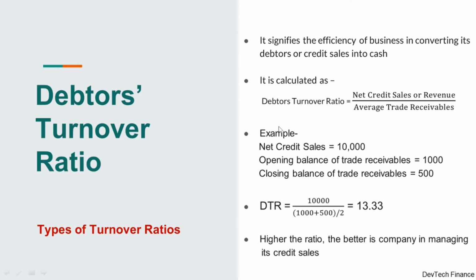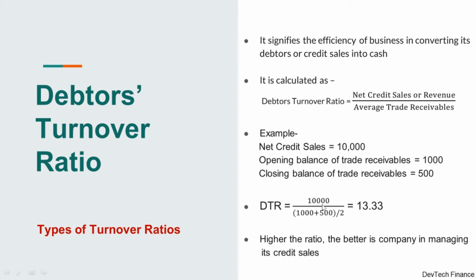Let's have a look at the example. If the net credit sales is given as 10,000, opening balance of trade receivables is 1,000 and closing balance is 500, just put the values in the formula of DTR and you would arrive at the debtors turnover ratio figure.